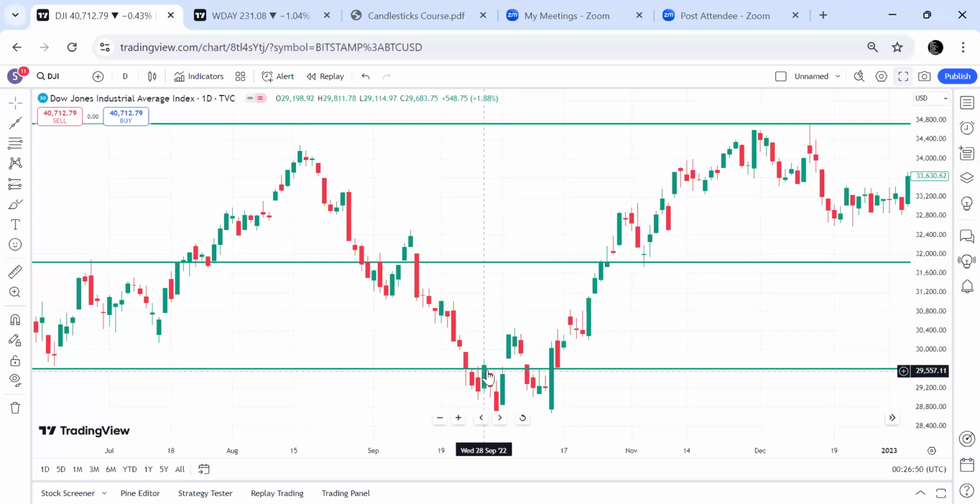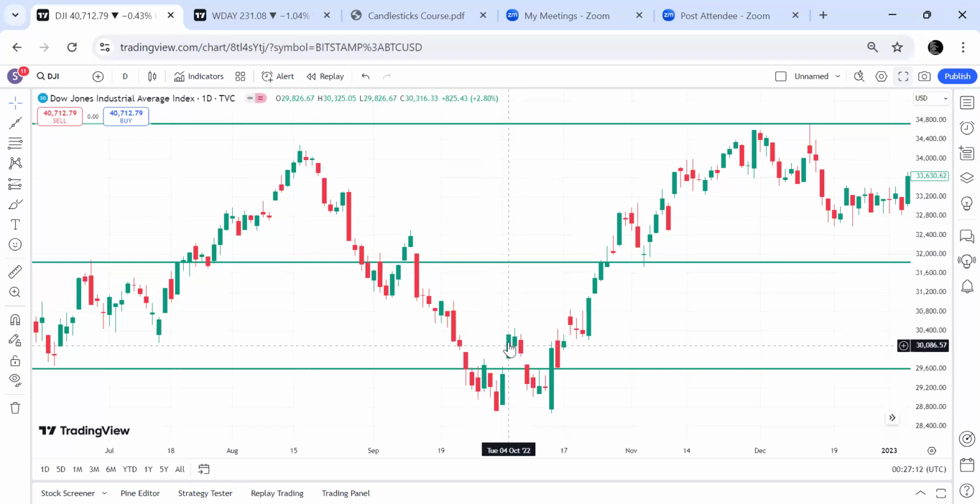Here also a Marubozu candle had been formed, but the next day it had not gone above. We got a red candle and it did not go higher, so it doesn't give a signal. But here we are getting a signal.